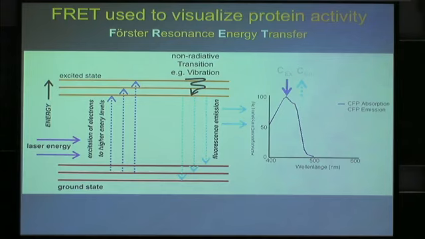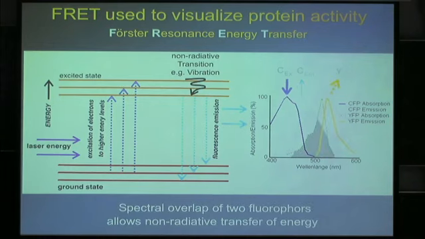So what happens during FRET? When we excite one fluorophore, such as CFP, the excited electrons fall back to the ground state and emit fluorescence, just as we normally see emitted fluorescent light. This is if no second acceptor protein is there.